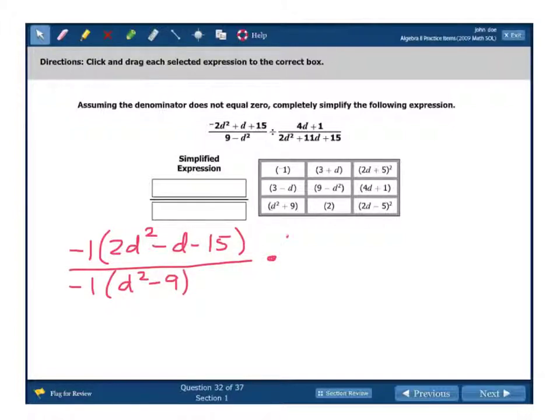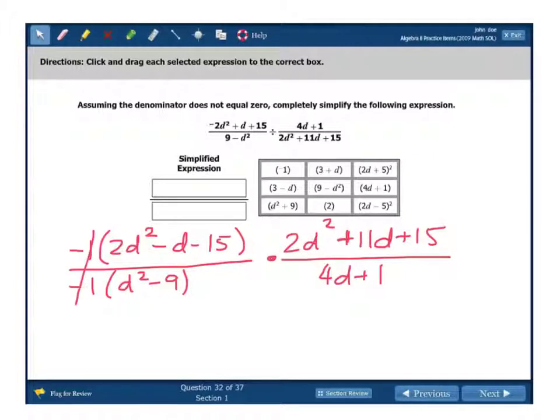I'm also going to change it to multiplication. Write 2d plus 11, 2d squared plus 11d plus 15 in the numerator, and put my 4d plus 1 in the denominator. Now I'm not going to go over factoring, but I will point out a few things. The ones cancel. When I factor this one up here, I know it's got to be 2d and d. I know it's got to be 3 and 5. One of them's negative, and that's going to be a minus 3, and that's going to be a plus 5.